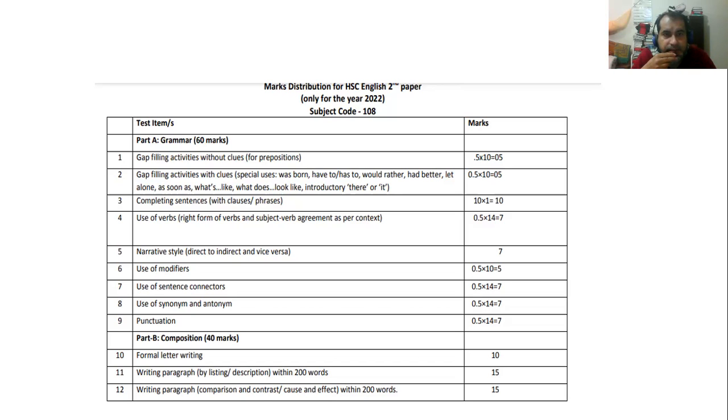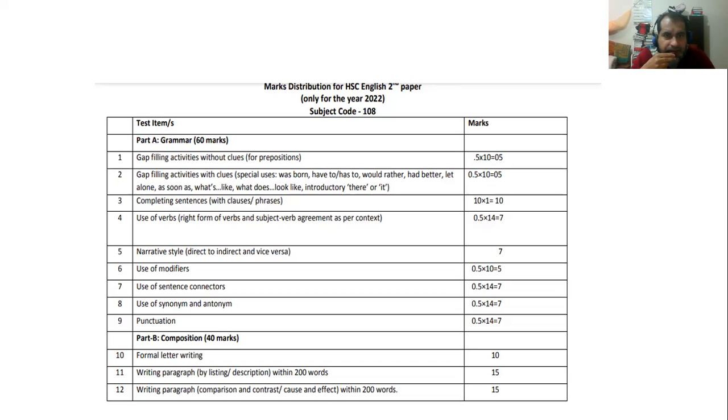The first one is the grammar, that is 60 marks in grammar, and in your grammar part you'll have to study the prepositions and some special uses like had better, would rather, as soon as. I know that many of you are well acquainted with these things, yet we will study this in details.